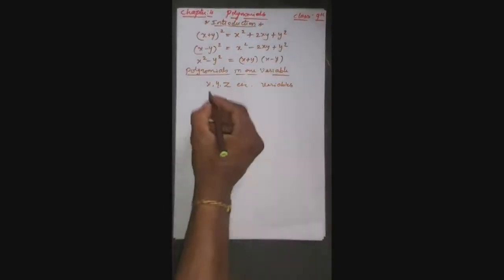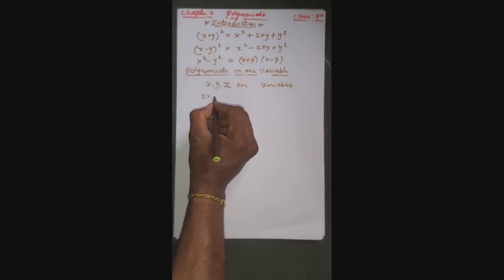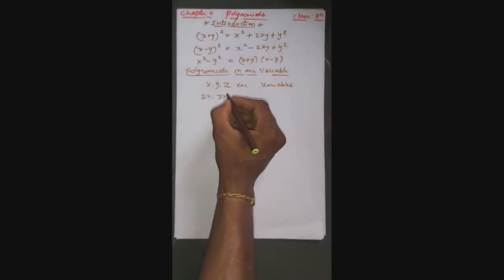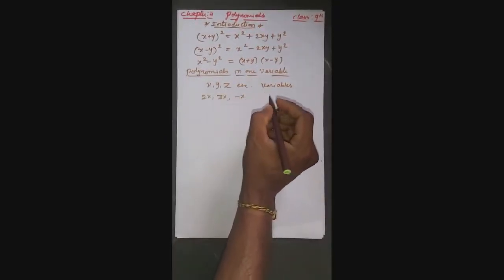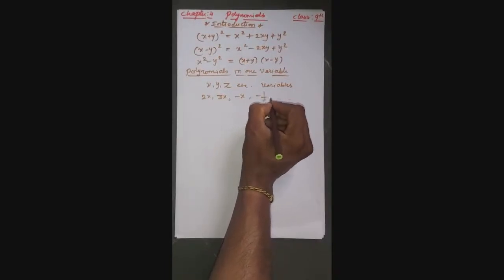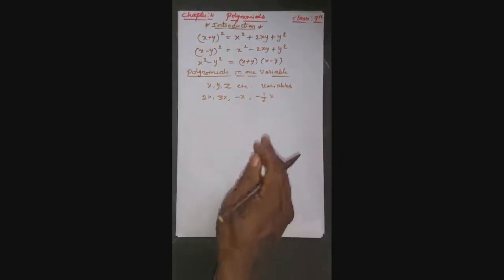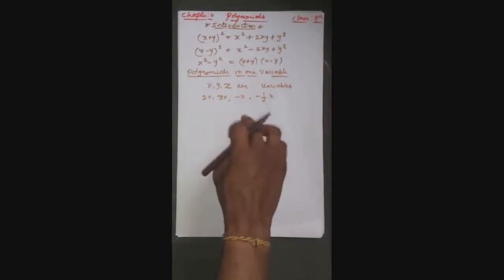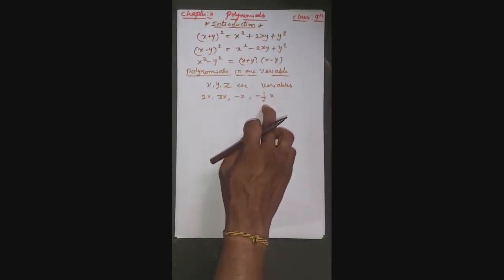See, notice that 2x, 3x, minus x, minus 1 by 2 x, those are algebraic expressions.